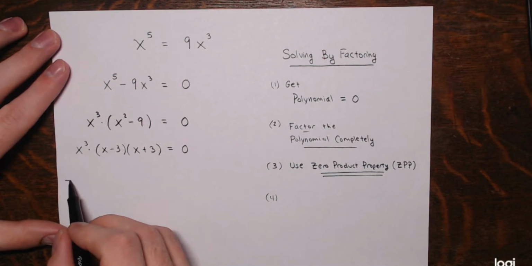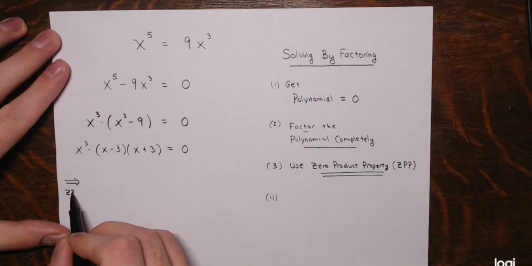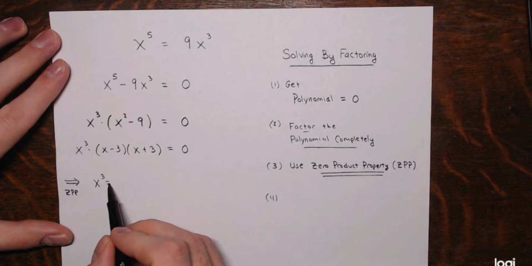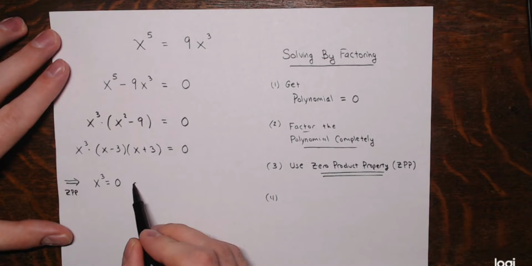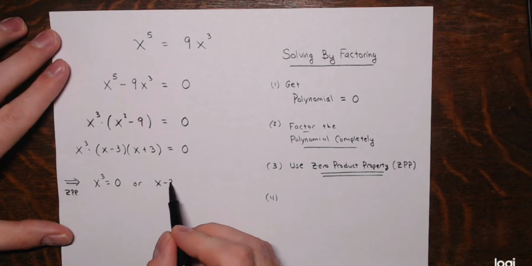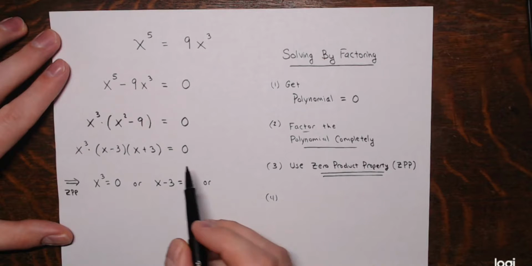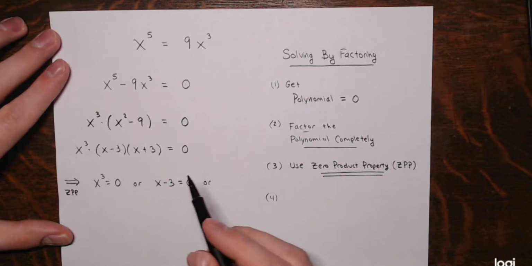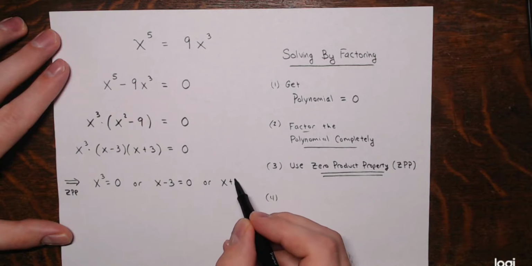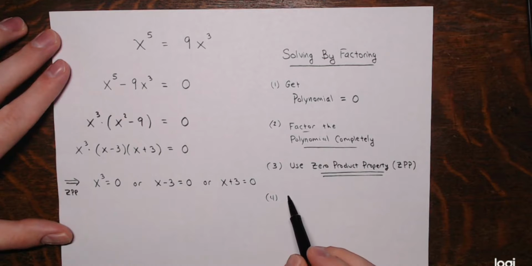So by the zero product property, either x cubed is 0, or the next factor, x minus 3, is 0, or the last factor, x plus 3, is 0. And then of course the last step is solve these equations.